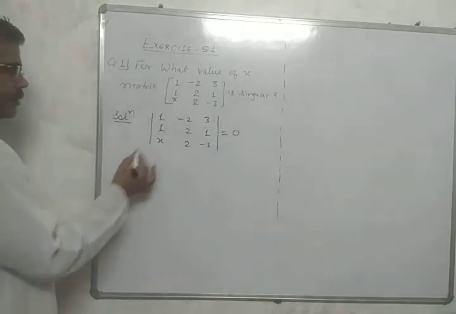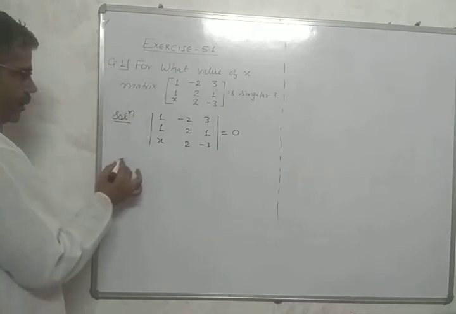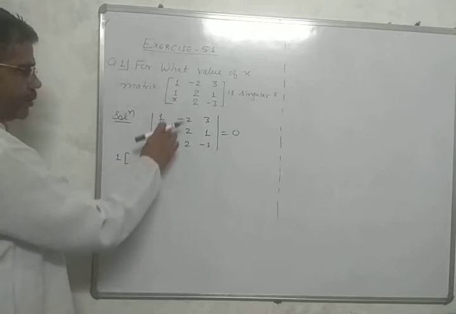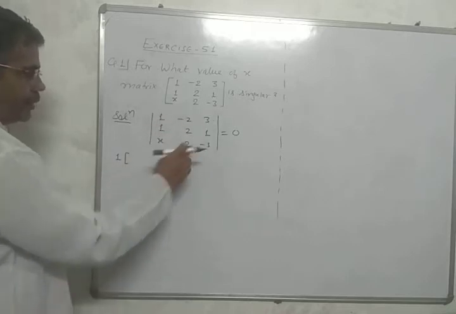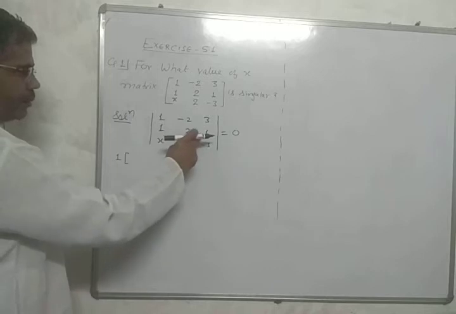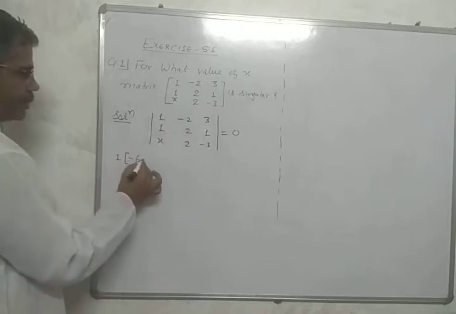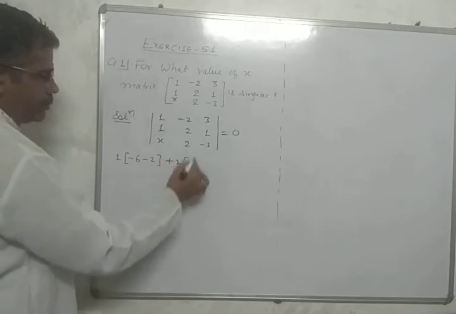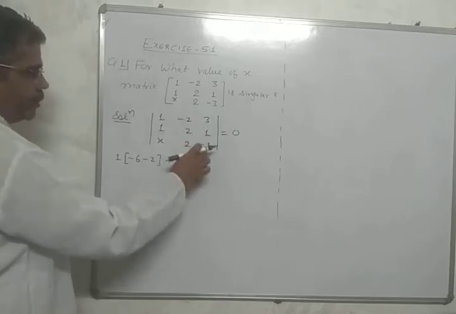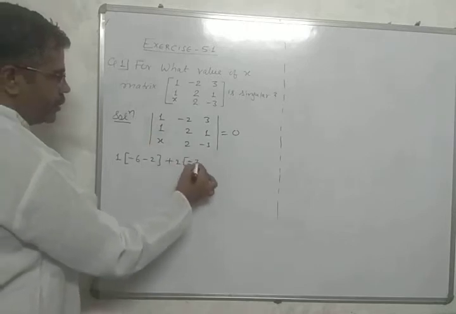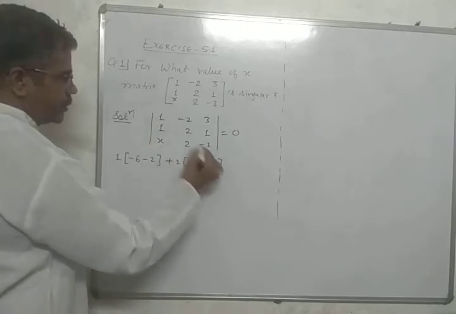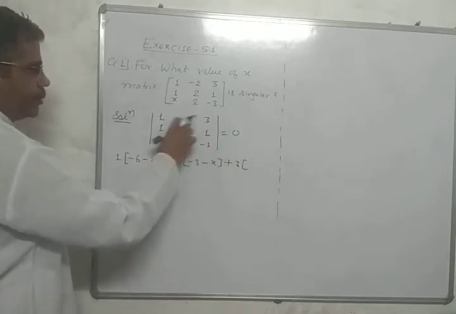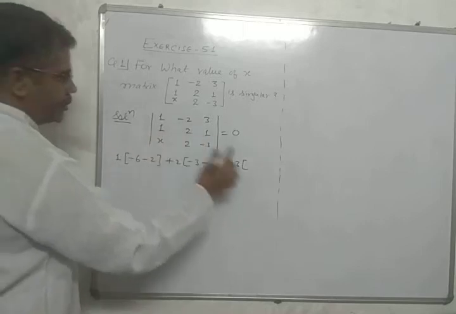We expand this determinant from the first row: 1 as it is, delete this column and this row, minus 6 minus 2 minus 6, minus 2, and minus minus plus 2, delete this column and this row, minus 3, minus x plus 3 as it is, delete this column and this row, 2 minus 2x.